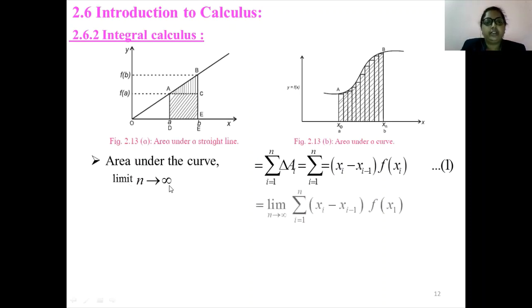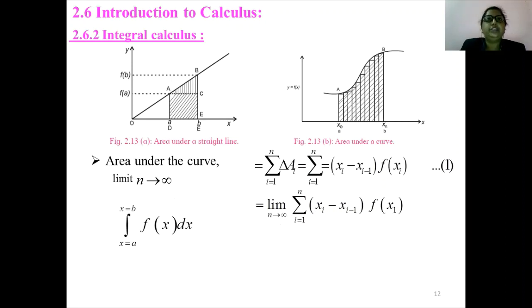Thus, we can write the area under the curve by this equation: limit n tends to infinity, summation of i equal to 1 up to n, (x i minus x i minus 1) f of x i.